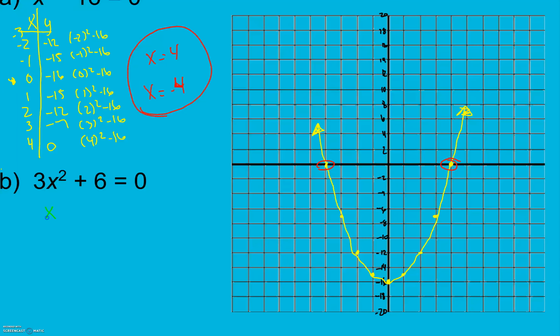In B here, same thing. We're going to use the table of values. We substitute in our x's.